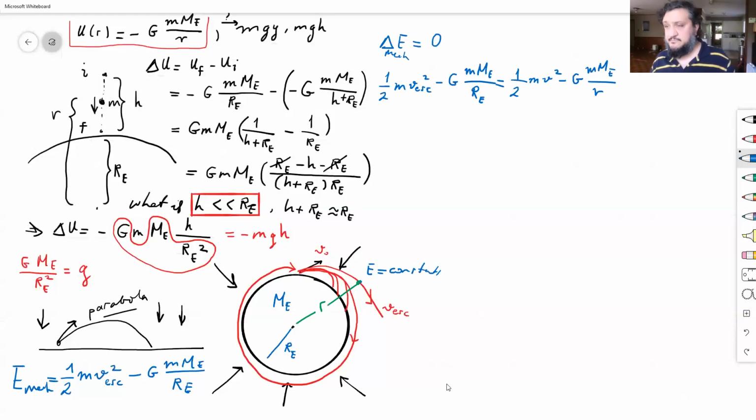So your r increases, your v changes accordingly, but the sum of the two terms remains a constant. What is that constant?